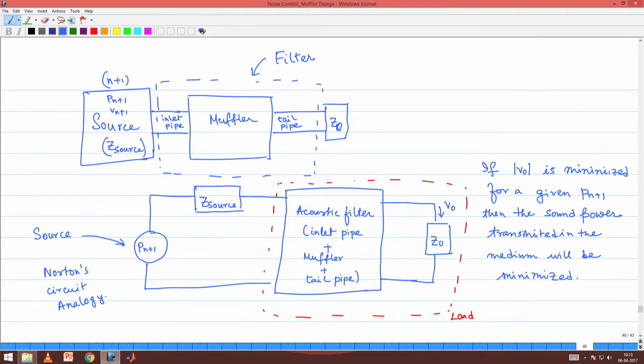But both has its advantage. For example, if the source impedance is near 0, then what is happening is that the entire source voltage or the source pressure is getting communicated downstream. In other words, if the source impedance is approaching 0, then this circuit is getting shorted, right.